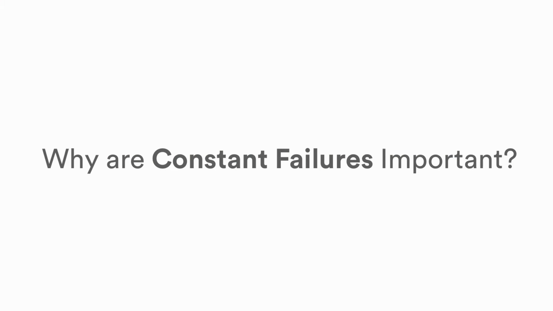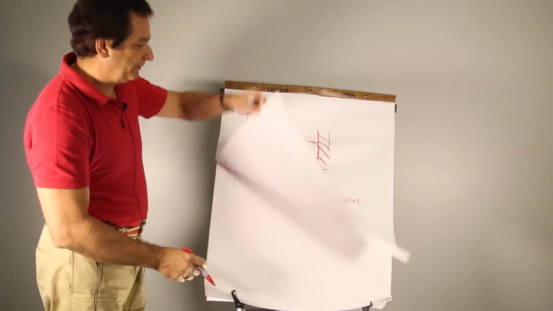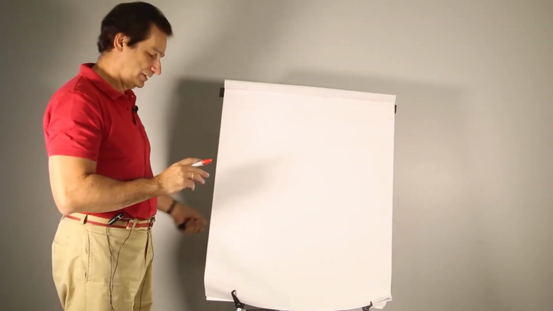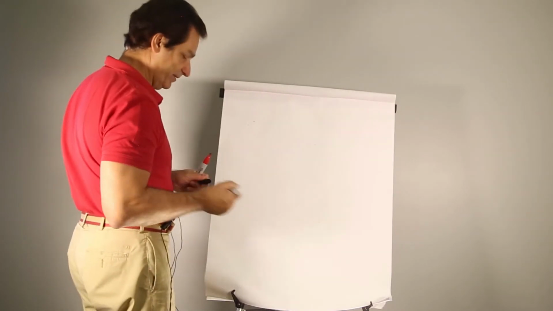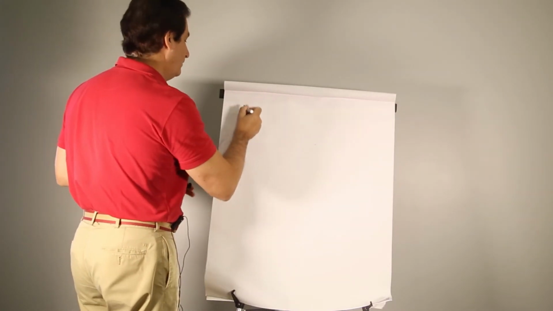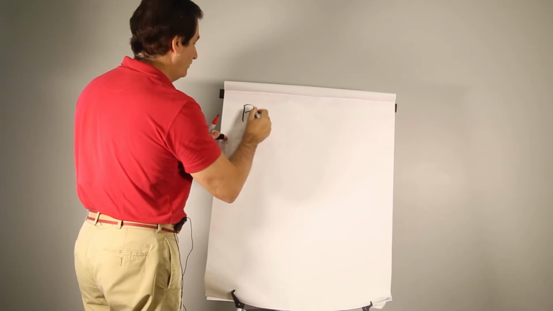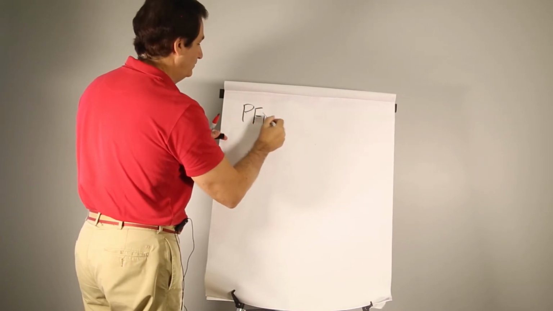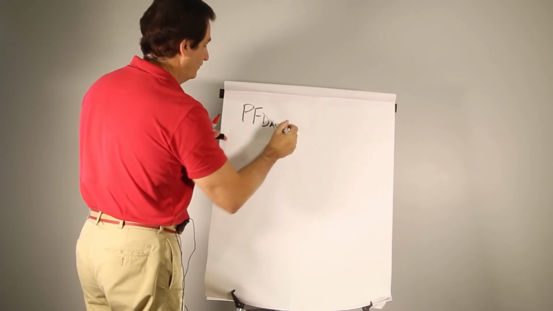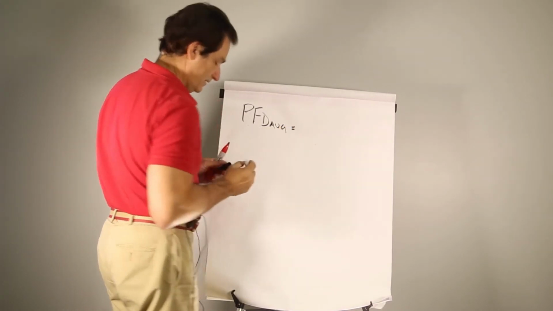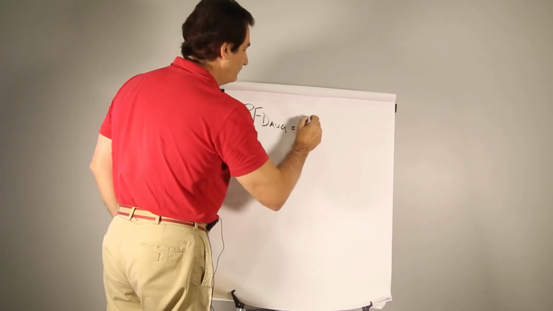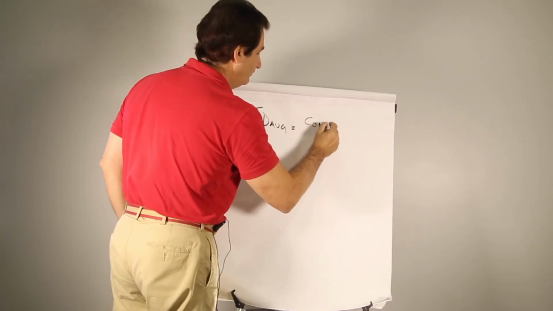It's important for a number of reasons. When we talk about our probability of failure on demand, our PFD average, this is predicated on a constant failure rate during useful life.